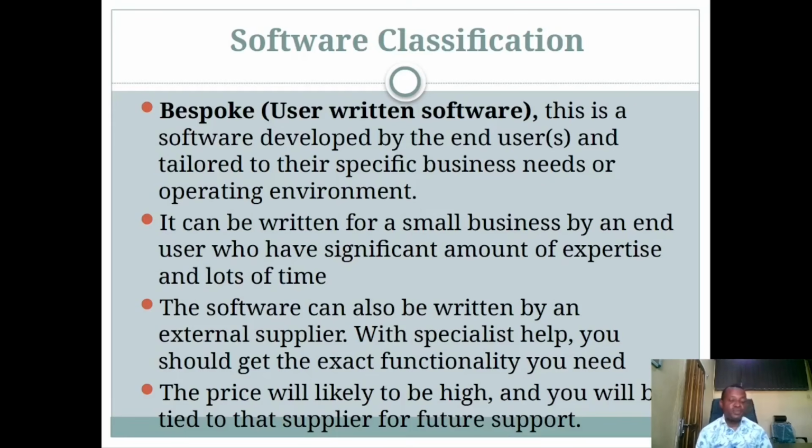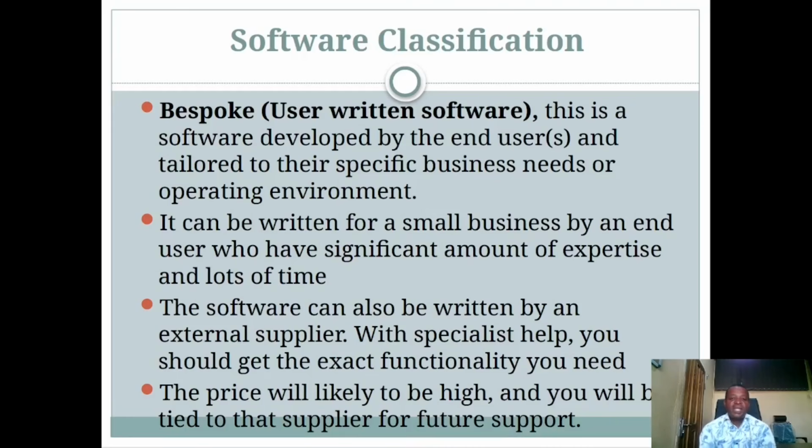If you have good expertise, if you have lots of time, you can sit down and develop the software by yourself. There's nothing wrong with that, provided it suits your purpose. Then another aspect is that if you cannot write the software, you can contract it out and allow the software to be written by an external person, maybe a supplier.